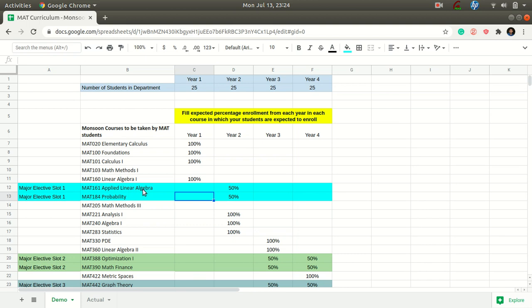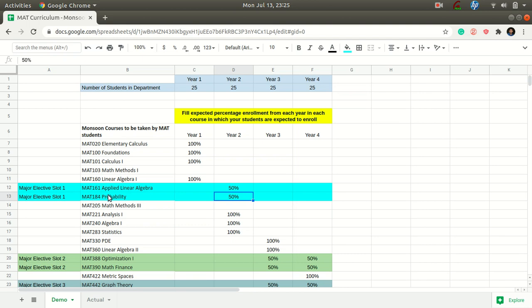Okay, so the way we have done it is we have slotted them so that our students are required to take one of them. They can take both if they want, but we are not obligated to offer them both in different slots. So this one is 50% here and 50% here. The number is telling the system that the second year math major students will be splitting up into MAT 161 and MAT 184.